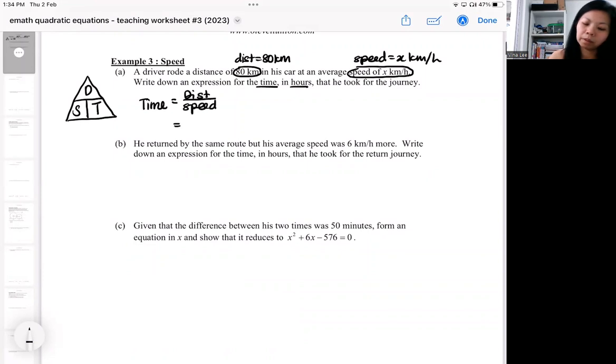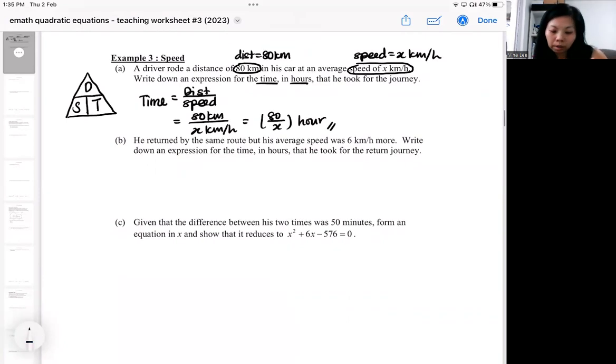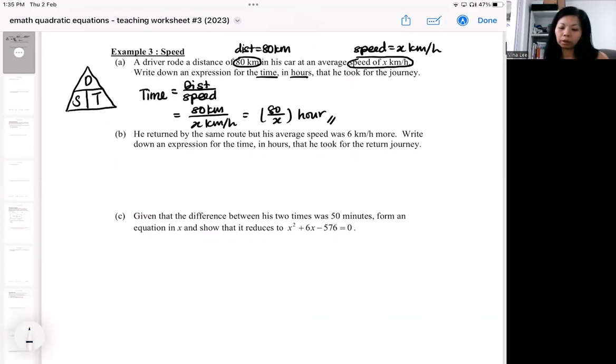So you take whatever distance that you have and whatever speed that you have. So that will be the time. So this is the time taken for the journey.